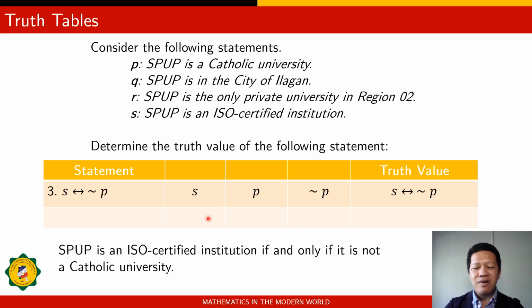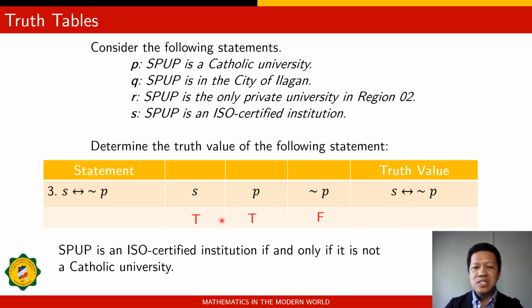So let's solve it by determining the truth value of its simple statements. Let's start with S. S is SPUP is an ISO certified institution. We know that this statement is true. P is SPUP is a Catholic university. That is actually true. And the not P, its negation, will be false.